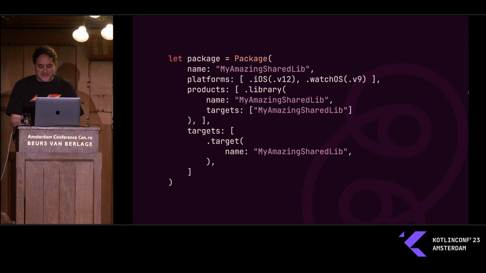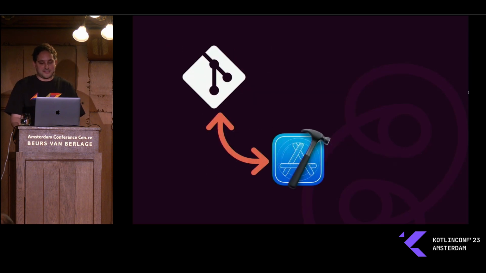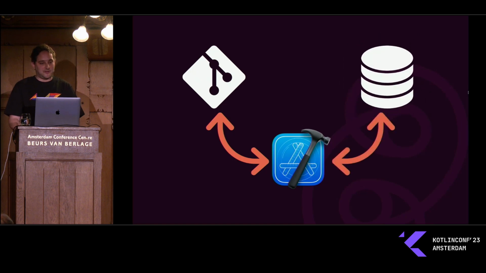And Apple has added a very much needed and very interesting feature, which is the ability to have binary targets. So if you have a binary target, instead of building the sources, what Xcode will do is connect to a file server and simply download the zip, unzip it, and get the XCFramework from that.